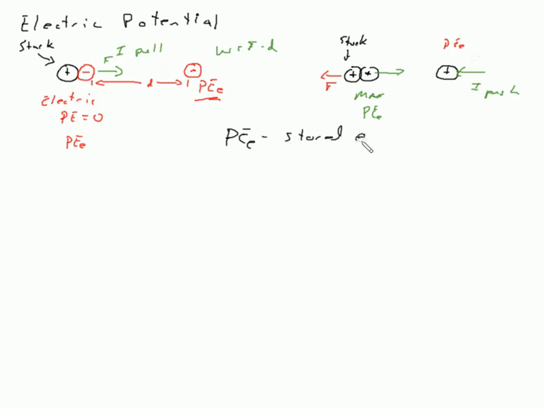Just like potential we talked about before, it is stored energy due to the relative position of charges, or due to the position of a charge in an electric field.